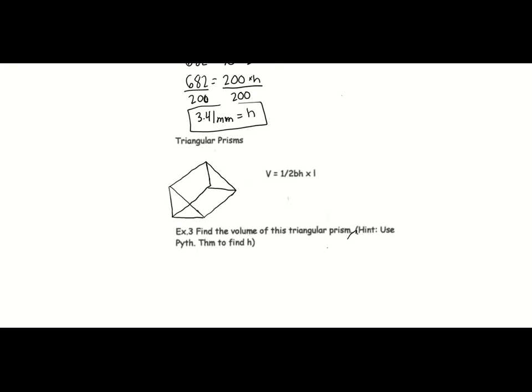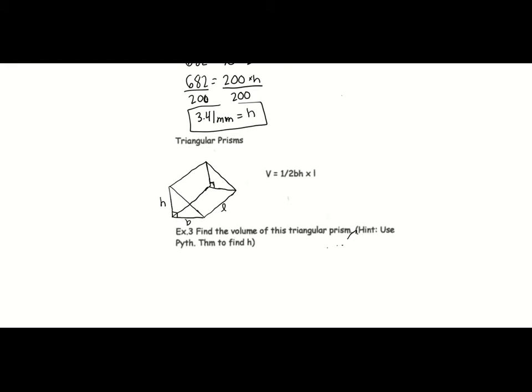Okay, so this is our triangular prism. We're going to have right angles in the corner here. In our triangular prism, we have our height of our triangular prism, the base, and the length.